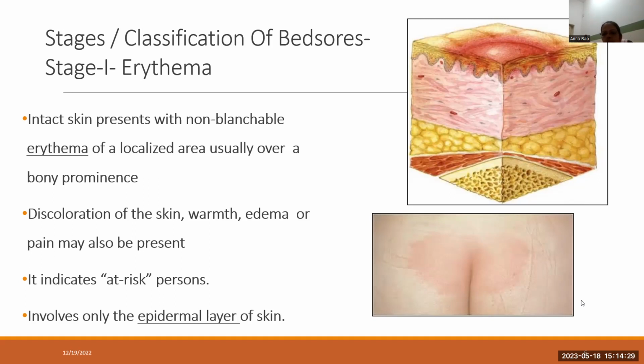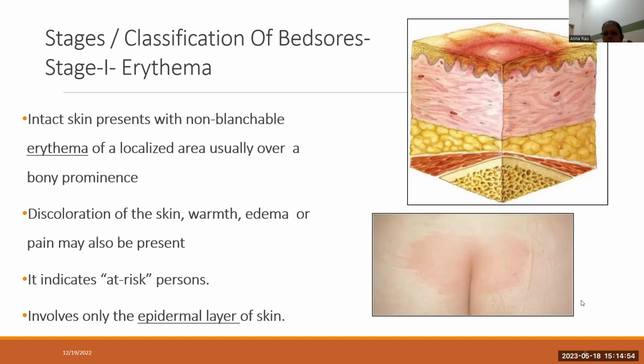Generally, when we press the tissues, they become, for the time being, deprived of circulation, so they turn white. But as soon as we take off the pressure, they regain their pink color, right? That will not happen here. Plus, you will find this area a little warm compared to the surrounding area.